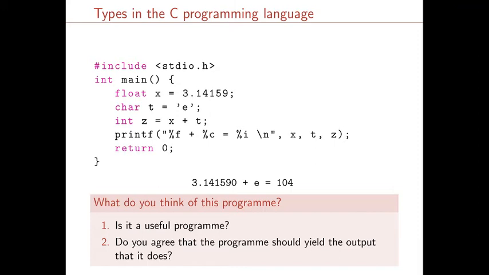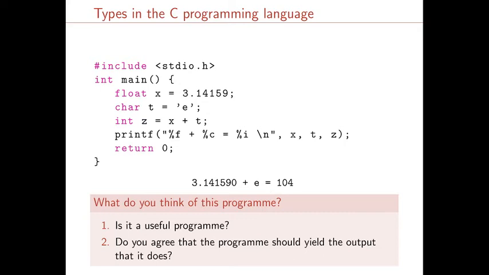What do you think of this program? Is it a useful program? And secondly, do you agree that the program should yield the output that it does yield? Do you think that this output here, that I'm circling on the screen, is useful output?